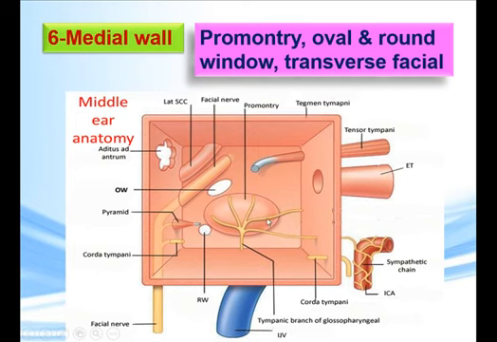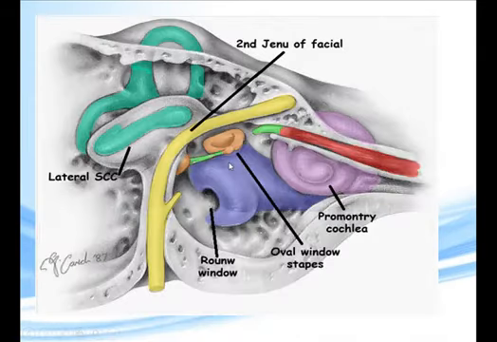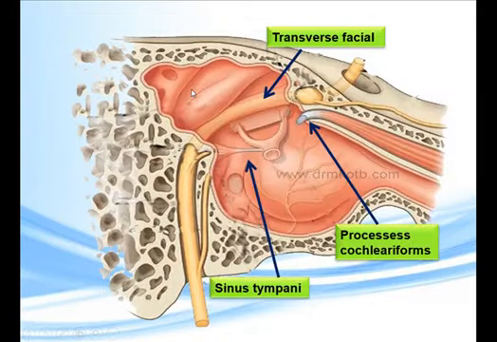Yes, this is the promontory, which represents the basal turn of the cochlea, and here is the upper part of the medial wall of the middle ear, which runs the transverse part of the facial nerve. Yes, that is. And this is the anterior wall, the tensor tympani muscle. Yes, this is the Eustachian tube, and here is behind the opening to the mastoid antrum.